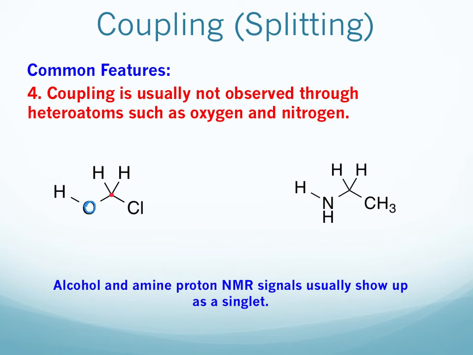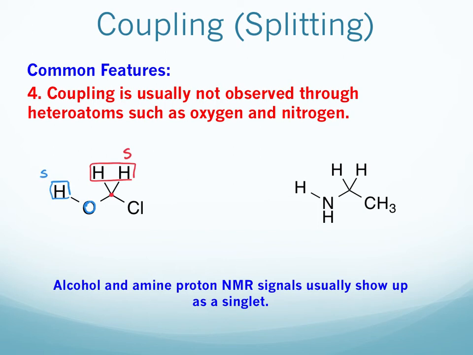So if that oxygen were a carbon, you would expect these two protons in red to couple with the proton in blue. But that doesn't occur typically through the oxygen. So instead, they're not coupled together. So in this case, the hydrogen in red would just be a singlet, integrating for 2 hydrogen. The OH hydrogen in blue would also just be a singlet.